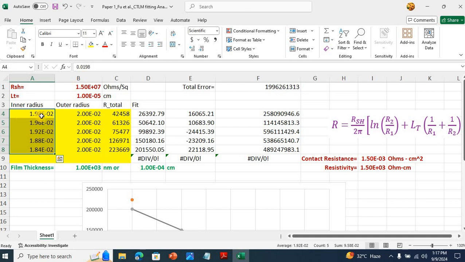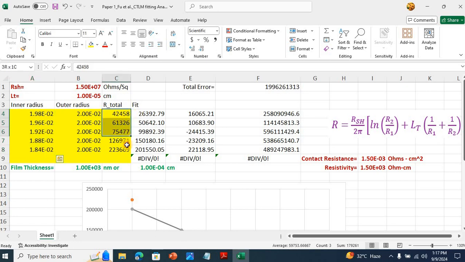demonstrates the inner radii, which range from 1.98 10 to the power minus 2 centimeter to 1.84 10 to the power minus 2 centimeters. Or you can say it ranges from 198 to 184 micrometers, right?